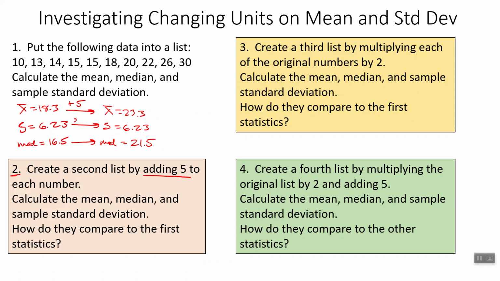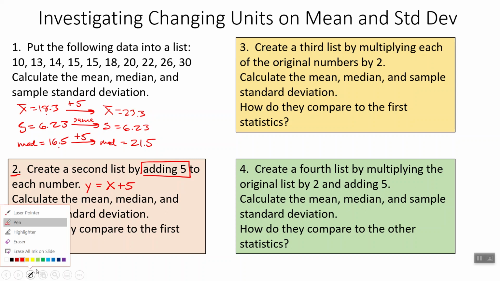The standard deviation didn't change. The median also went up by 5. So if we add 5 to everything in our list, that was the same thing that happened to our mean, and the same thing that happened to our median, but nothing happened to our standard deviation.